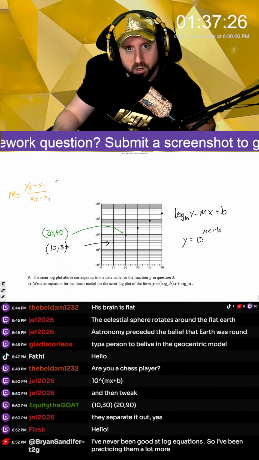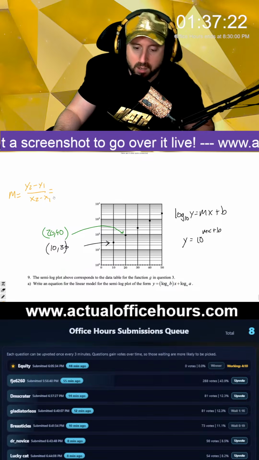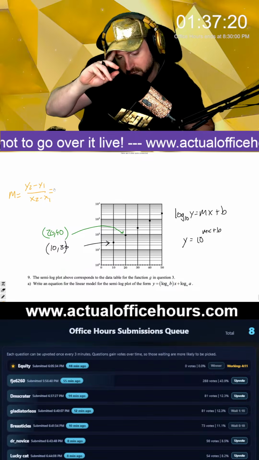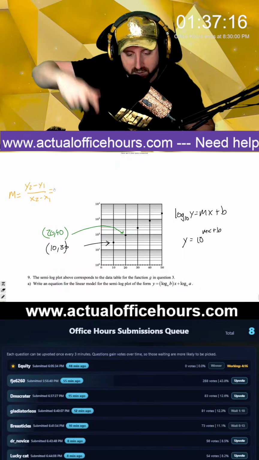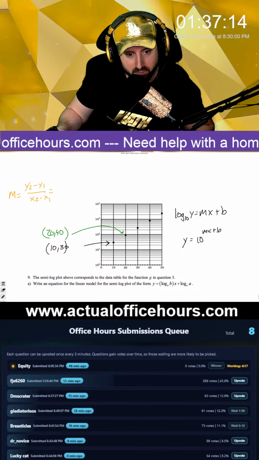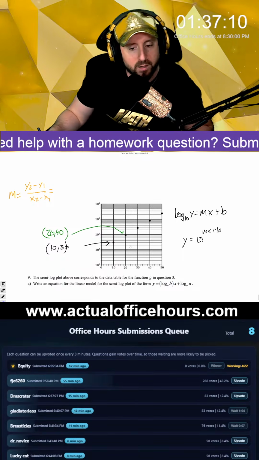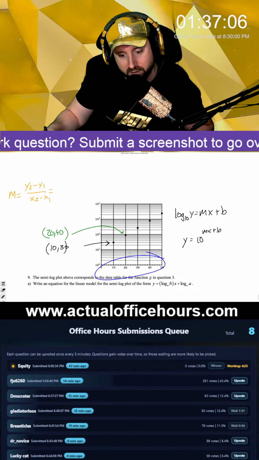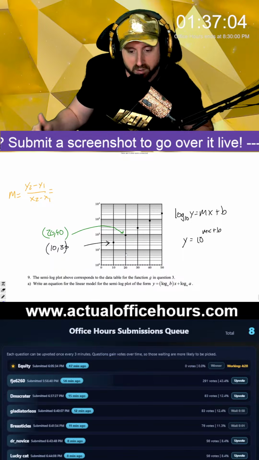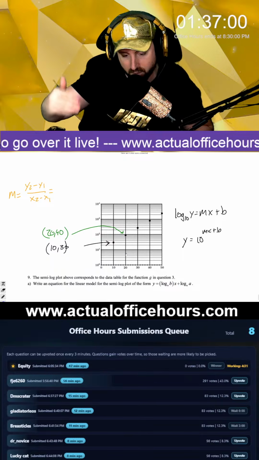I've never been good at log equations, so I've been practicing them. Nice. Yeah, logs are great. I use them a lot in my PhD program because a lot of our data was at very different orders of magnitude. And the only way you can visualize that data is with log-lin. Also, if stuff is in frequency space, usually you want this as a logarithm as well because you care about things at the hertz, kilohertz, megahertz, gigahertz.